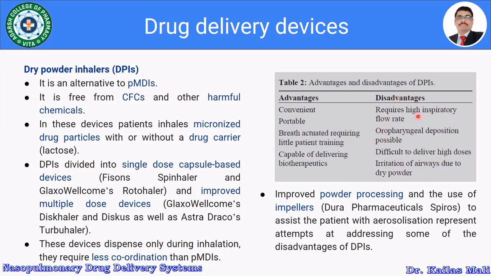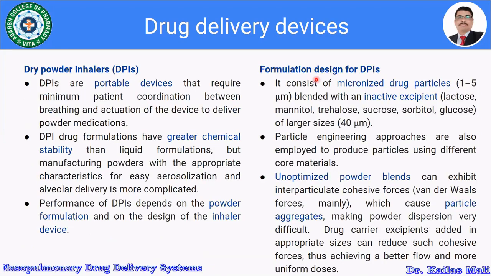In the case of dry powder inhalers, improved powder processing and the use of impellers, such as Dura Pharmaceuticals' Spiros, to assist the patient with aerosolization, represent attempts at addressing some of the disadvantages of dry powder inhalers. So some of the disadvantages are being addressed with the help of impellers.